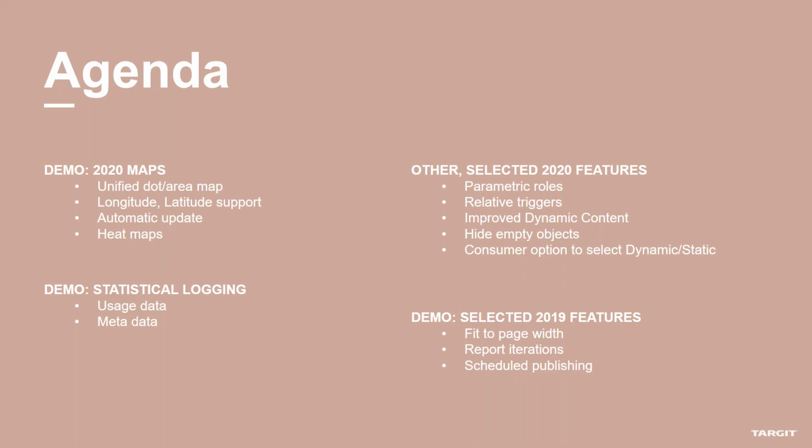We have other maps for placing areas on maps. But in the 2020 version, you'll see that these maps are being unified into one map type, where you can work with both the data and the areas at the same time in the map.